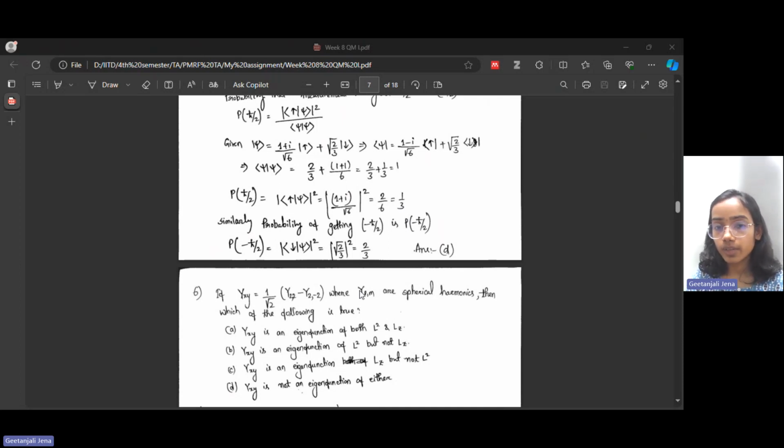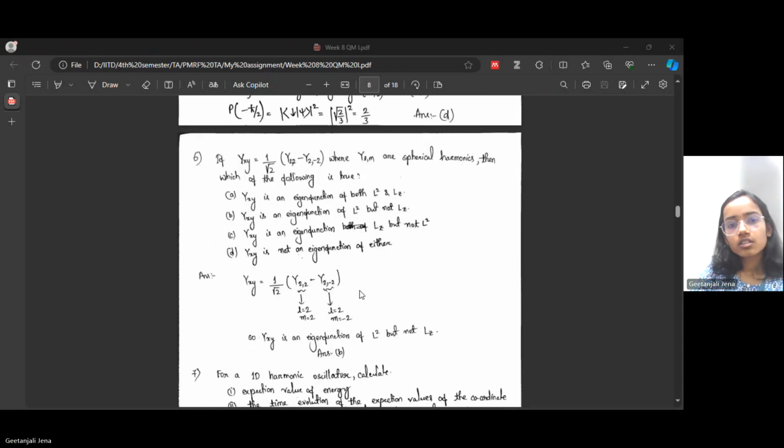Psi is an eigenfunction of L square but not Lz. The third option is psi is an eigenfunction of Lz but not L square. And the last one is psi is not an eigenfunction of either L square or Lz. Okay, I forgot to write L square and Lz in the D option.